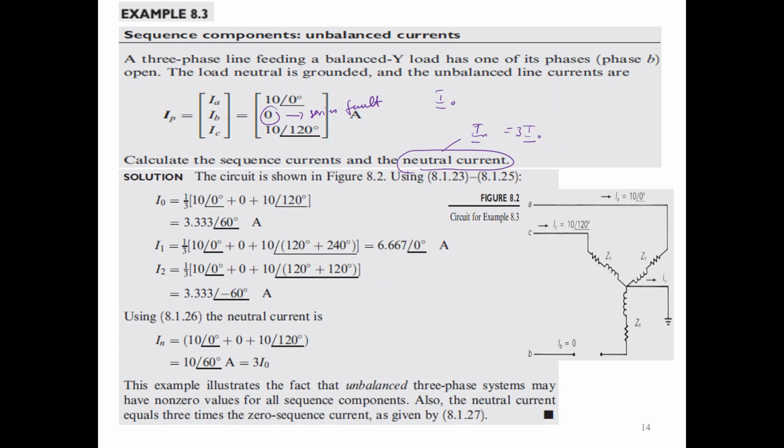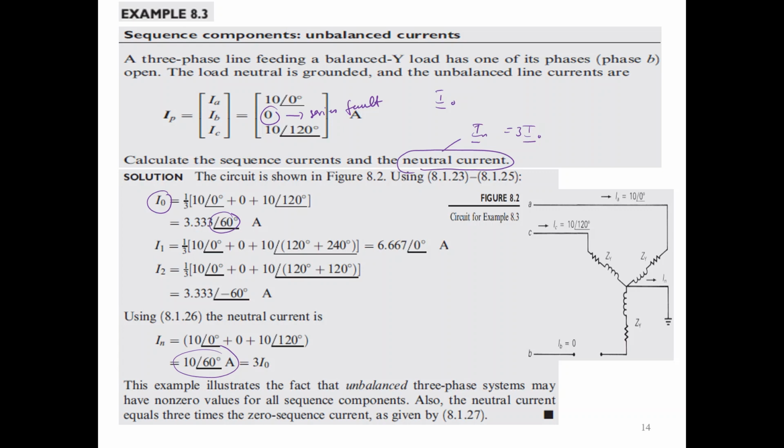Now you see the I0 can be defined as 1/3 of the sum of all currents, 1/3 of IA plus IB plus IC. Okay, the I0 is 3.33 angle of 60. Now you can answer straight away that the neutral current is 10 angle of 60. You multiply this by 3.